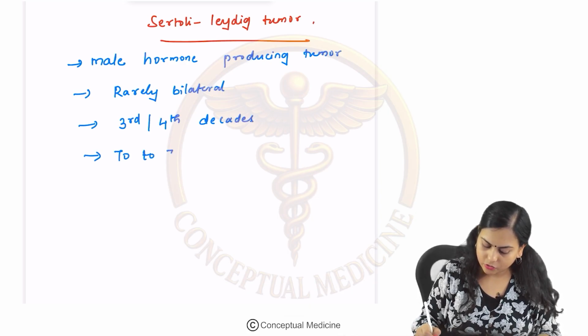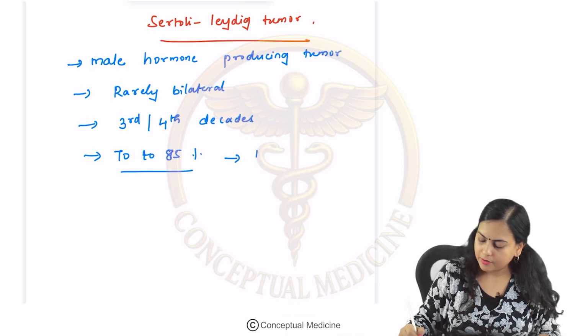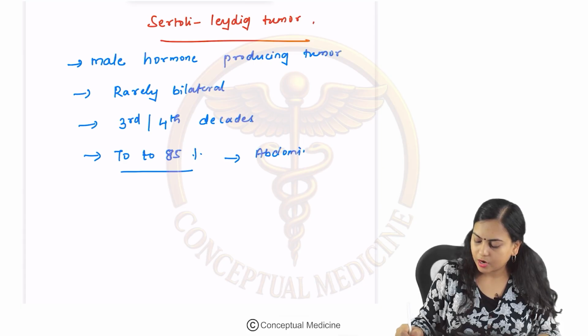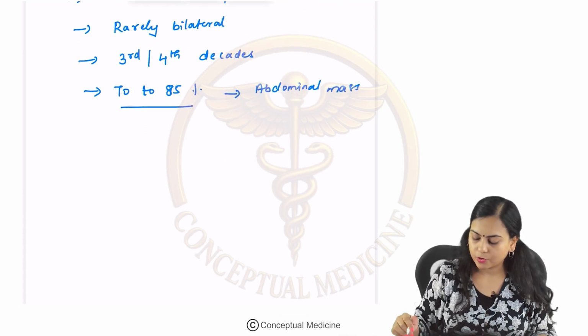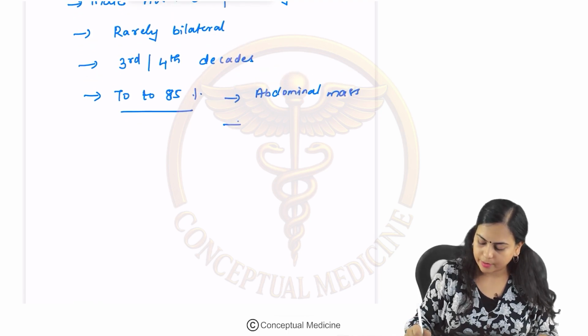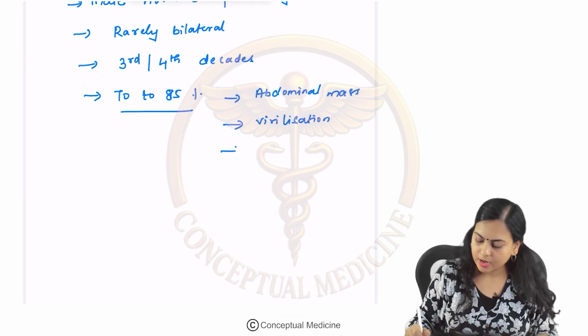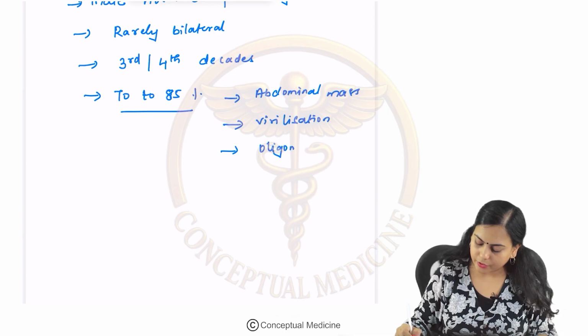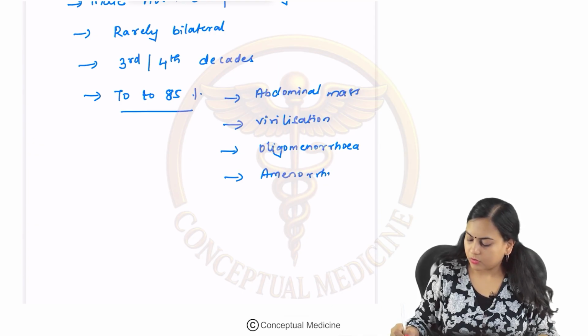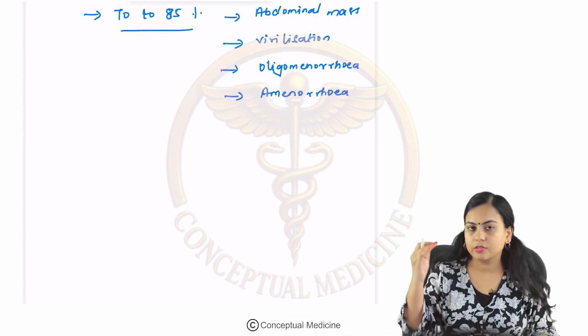Approximately 70 to 85%, okay, 85% of the women will present with abdominal mass definitely, and it is a male hormone producing tumor. So, what will be there? Androgen will be excess, so the patient will be having virilization, okay, and the menstrual complaint will be like she will have oligomenorrhea, okay, even amenorrhea also, okay, all the female features will come down.